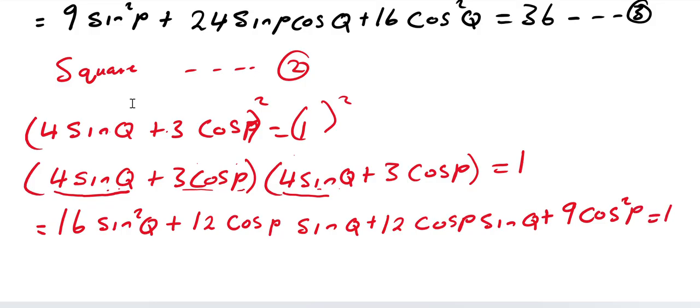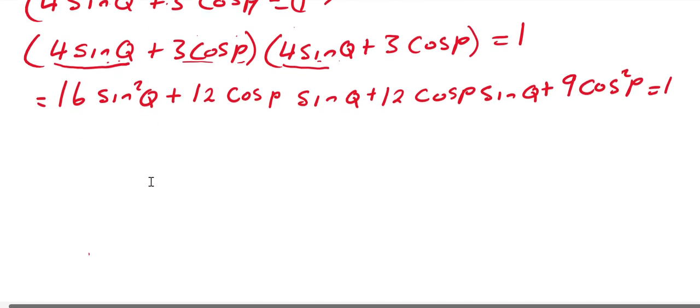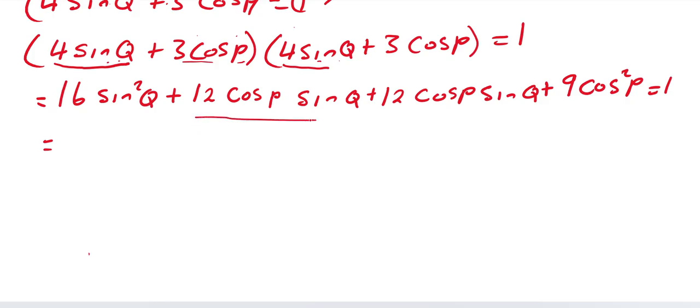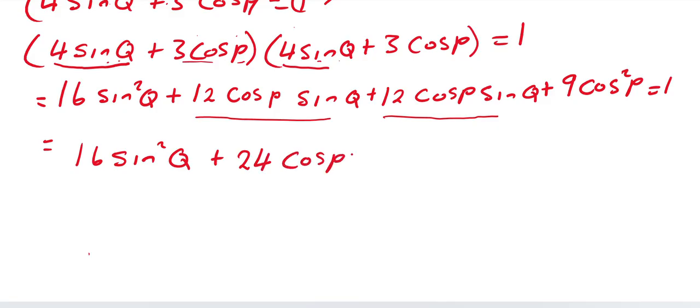Do you get me, guys? So let's simplify it, because here we have 12 cos p sine q and we also have 12 cos p sine q. So we have 16 sine squared q plus 24 cos p sine q plus 9 cos squared p is equal to 1.